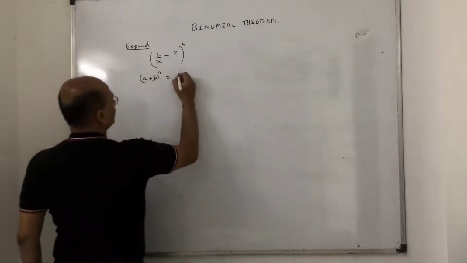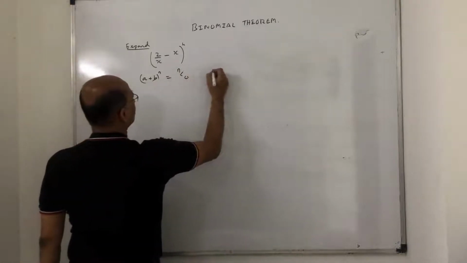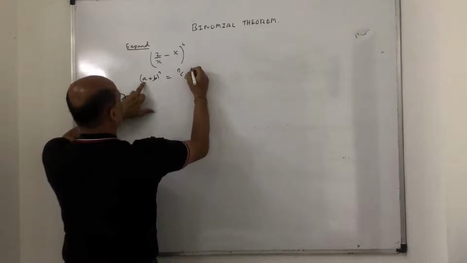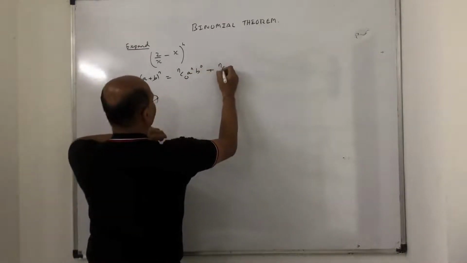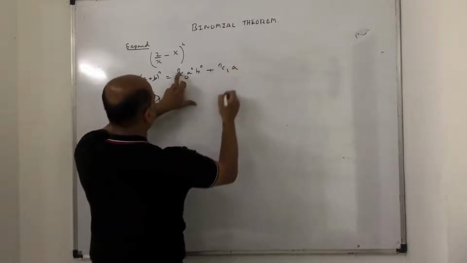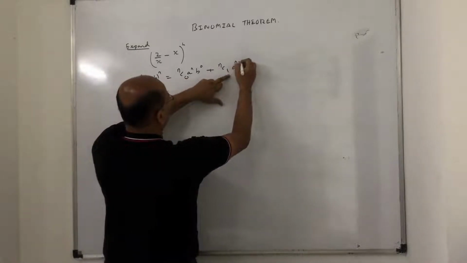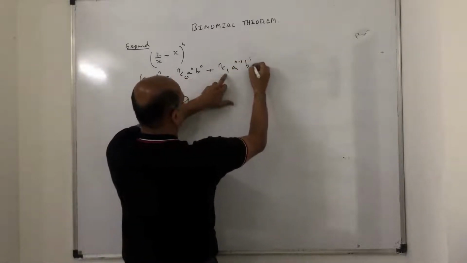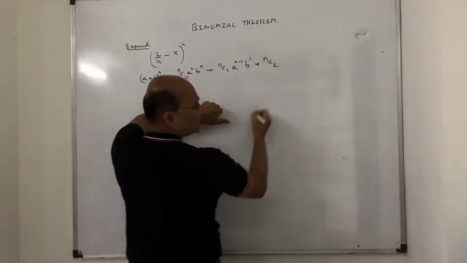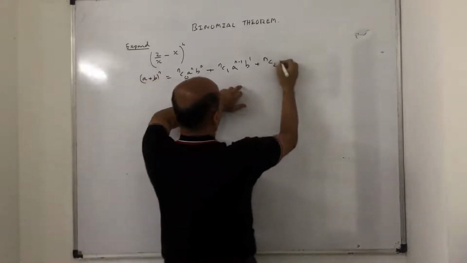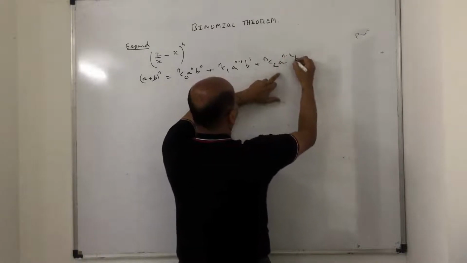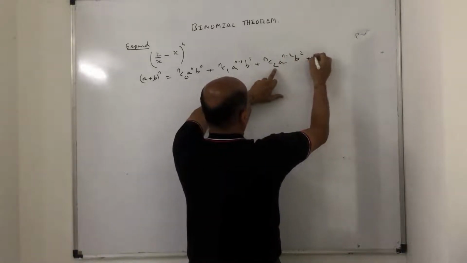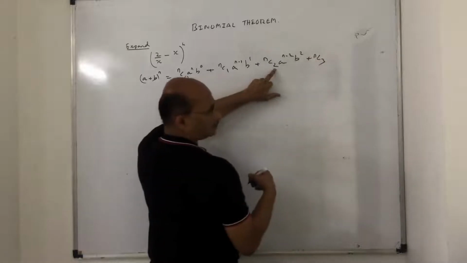So what happens is nC0, first term a raised to n and b raised to 0, plus nC1, a raised to n minus 1 and b raised to 1, plus nC2, a raised to n minus 2 and b raised to 2, plus nC3, right?